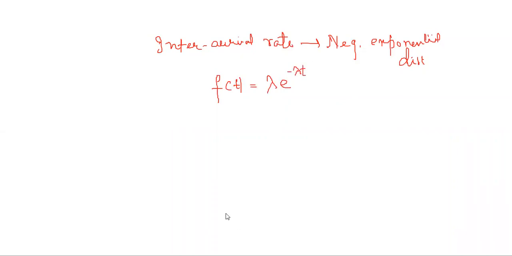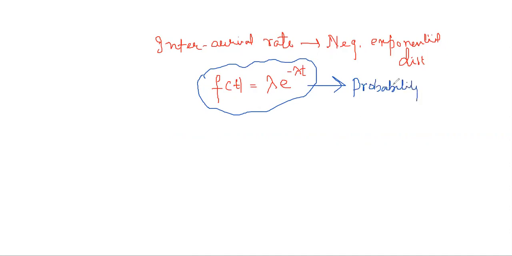This will be the probability density of inter-arrival. So don't confuse probability and probability density. Probability density is a function, while probability is given by the integral of that.